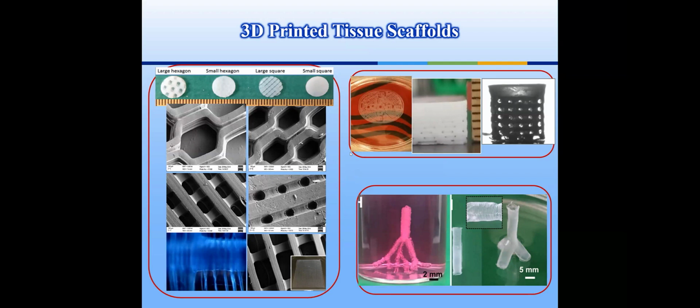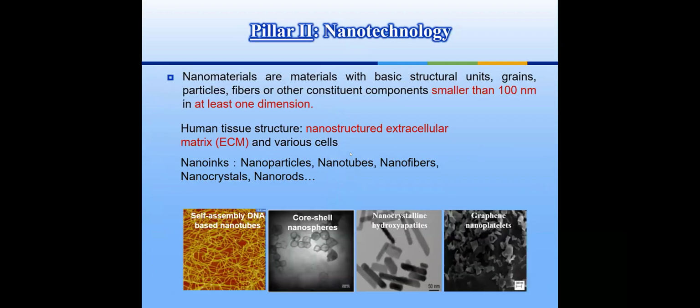Okay. The second key pillar is related to nanotechnology, which specifically refers to nanomaterials, very tiny materials with basic structural units smaller than 100 nanometers in at least one dimension. There are two major reasons we want to use nanomaterials for printing applications.